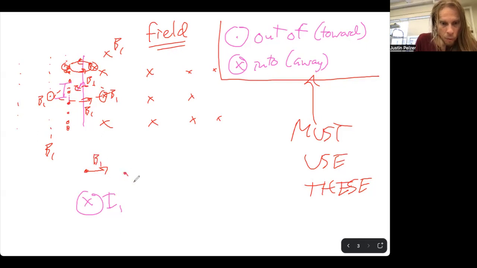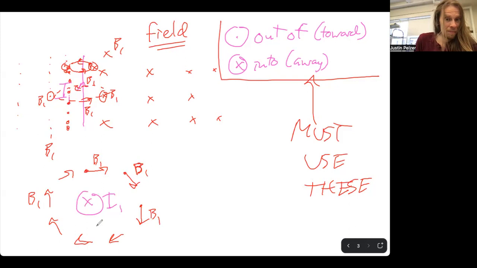At this exact point, it points downward at an angle to the right. At this exact point, it points specifically downward, and so forth in a circular fashion. Now, the circle is not moving. The current is moving. The magnetic field is stationary. But it orients in a geometry that looks like a circle.